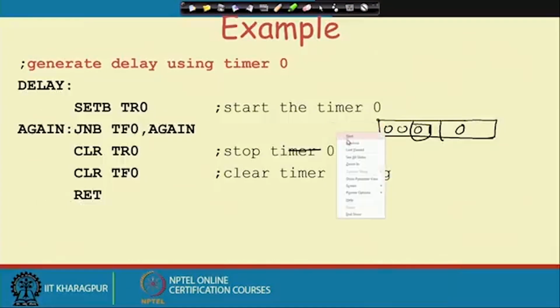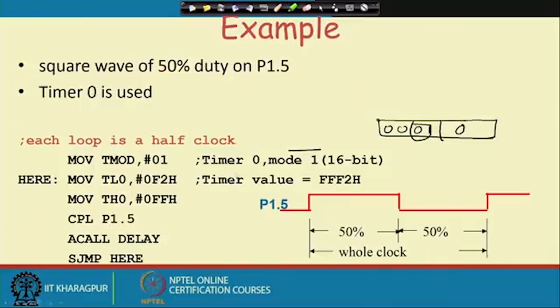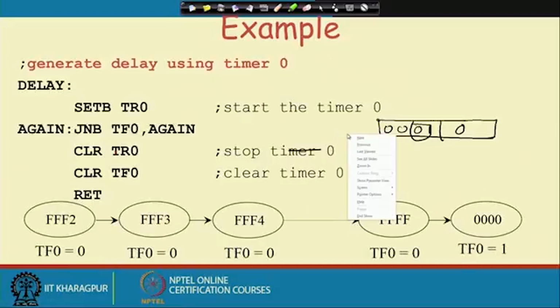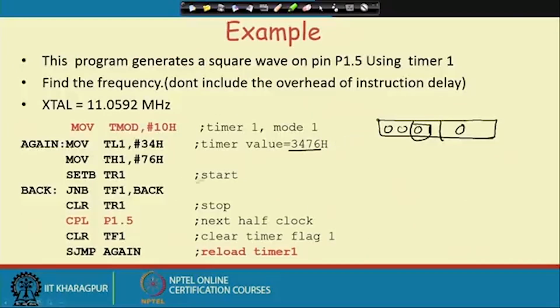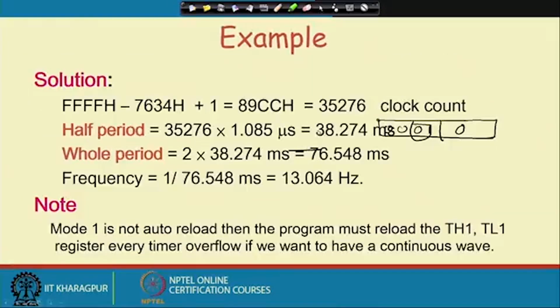TL0 is actually the lower order byte, so this one is slightly wrong.